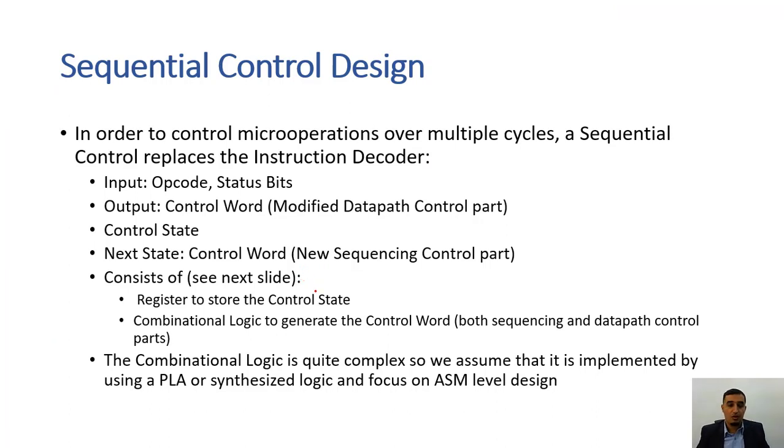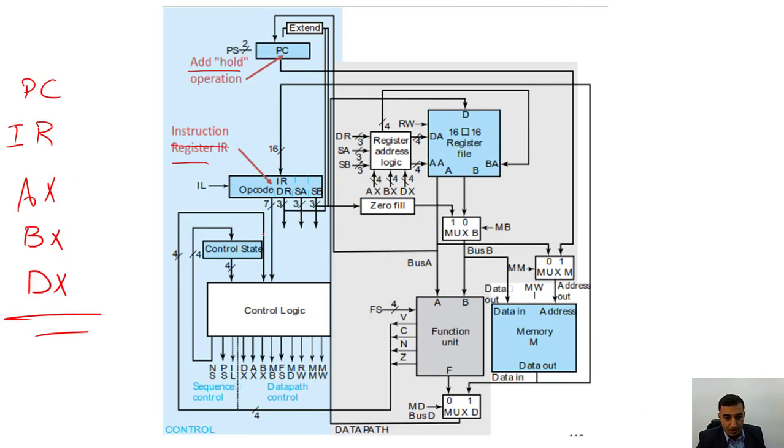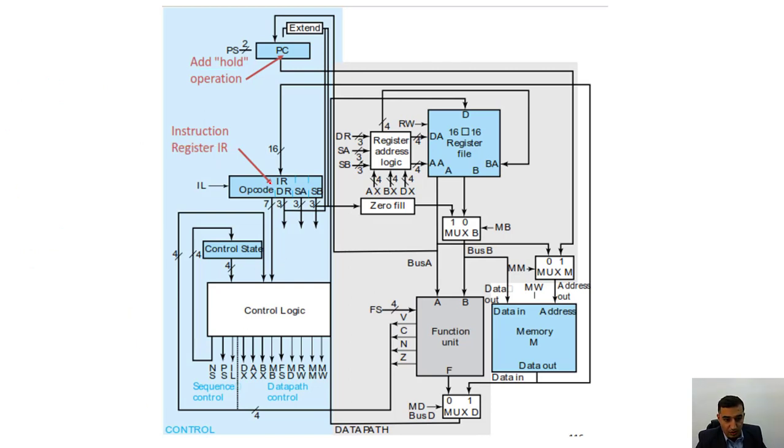So the sequential control is used in order to control the micro operations of multiple cycles. Remember, the instruction will pass through the data path multiple times for one instruction. So we need to know the input, which is the opcode over here, plus the status bits, which are, sorry, these 4 over here.